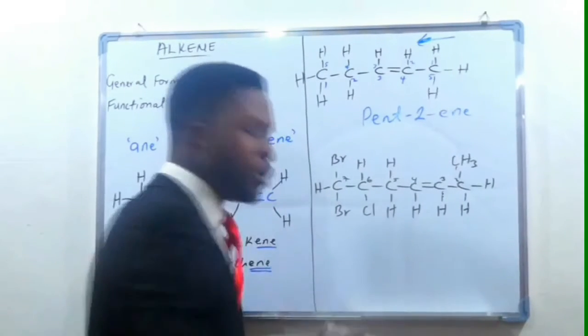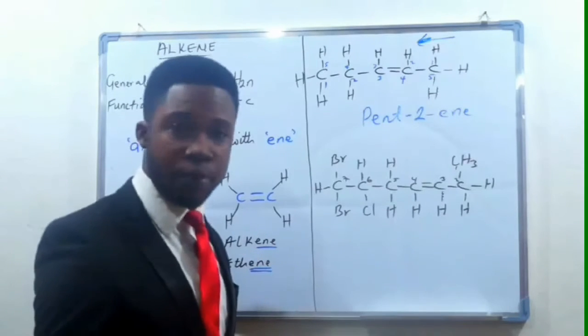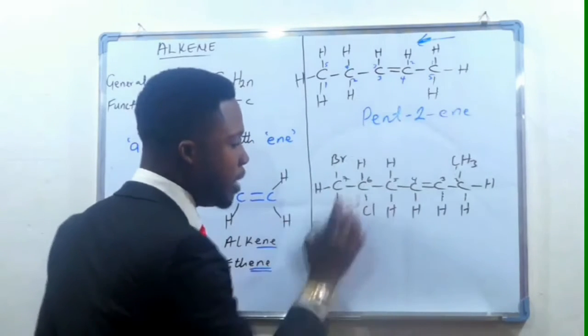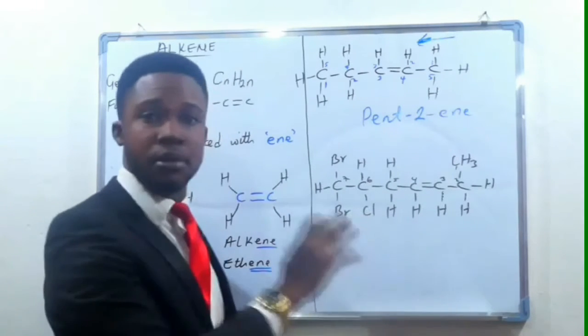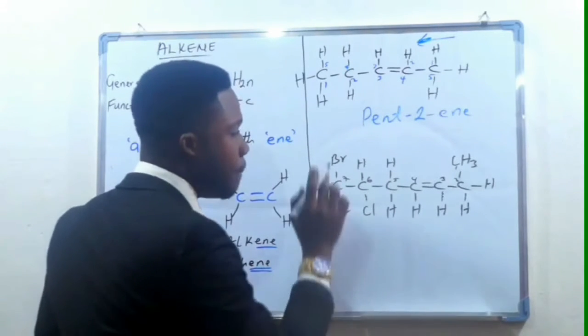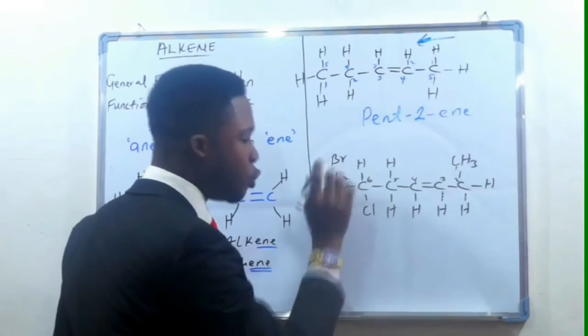Then, as well, just like alkane, we will put our substituents and also put their positions. Now, 2 bromines are on carbon 7 and a chlorine at carbon 6. Now, bromo comes before chloro. So, at carbon 7, there are 2 bromines.